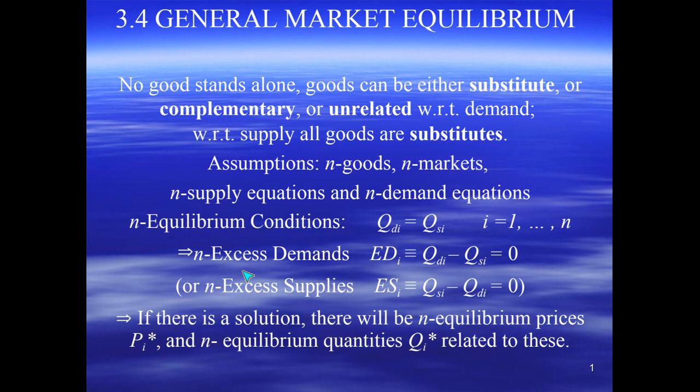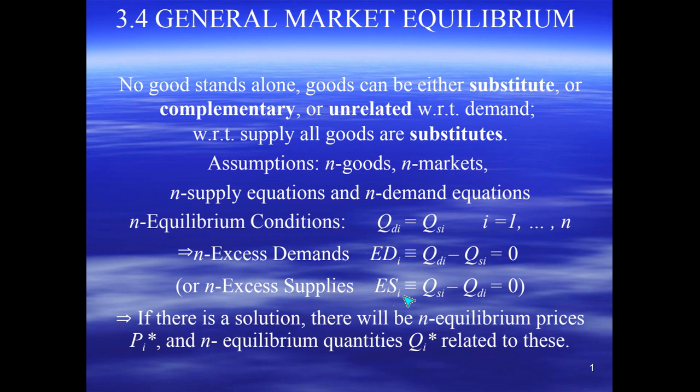These can also be expressed as n excess demand functions, EDi, excess demand in the ith market. It is defined as QDi minus QSi equals 0. So instead of writing QDi equals QSi, we can also write QDi minus QSi equals 0, which is the same thing. Or in n excess supplies.